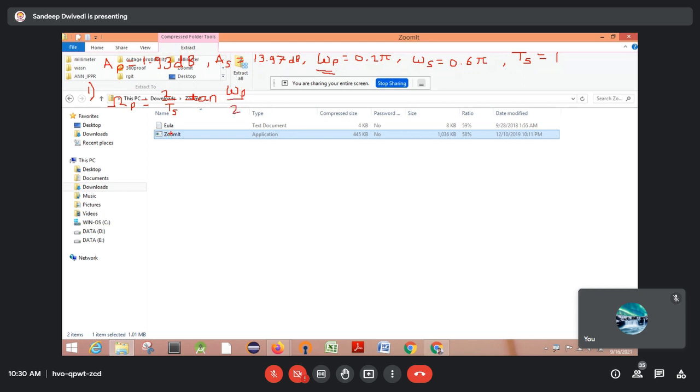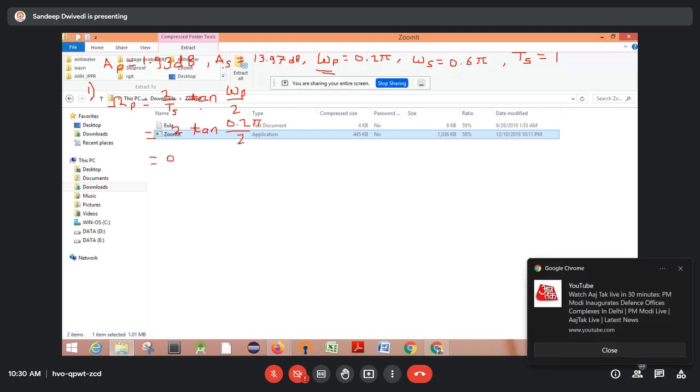Just put the values: 2, TS will be 1, then tan of omega p, which is given as 0.2 pi, divided by 2. You can do this calculation in your calculator.